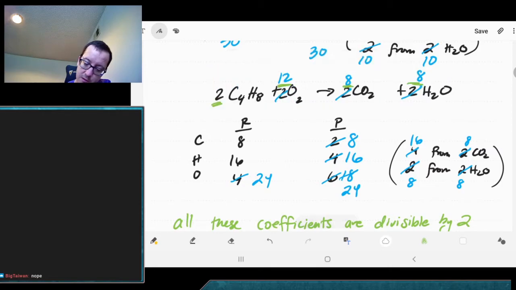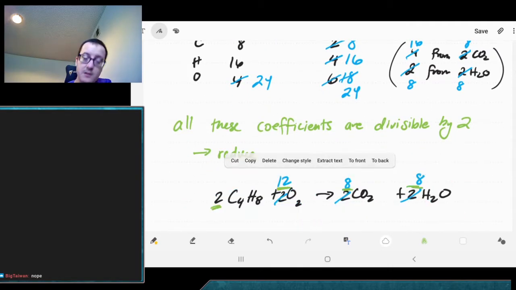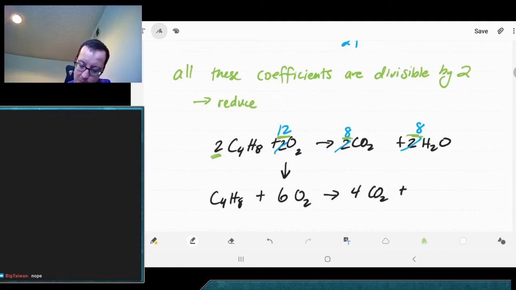We always want to just put the lowest ratios, right? So it's a ratio of 2 to 12 to 8 to 8, but we can instead bring that down to, hold on, one of them's trying to go out. So if we end up reducing them down, we can do that.